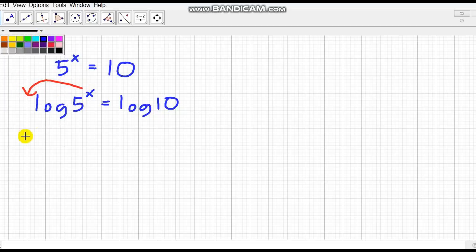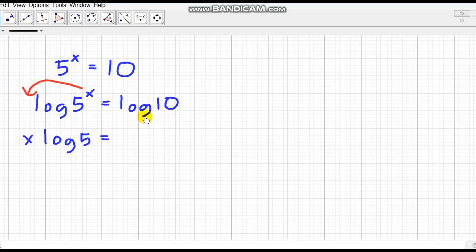So this becomes x logarithm of 5 is equal to, remember the properties of a logarithm, logarithm of 10 is equal to 1. Take note, the base here is 10. It's a common logarithm. So x logarithm of 5 is equal to 1. Let's divide both sides by logarithm of 5 to isolate the x.